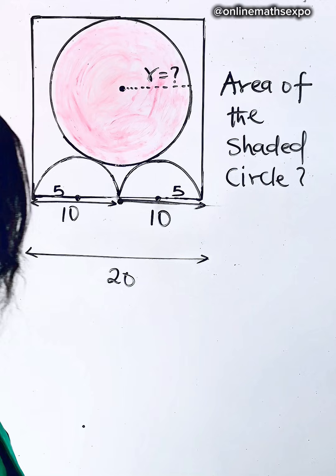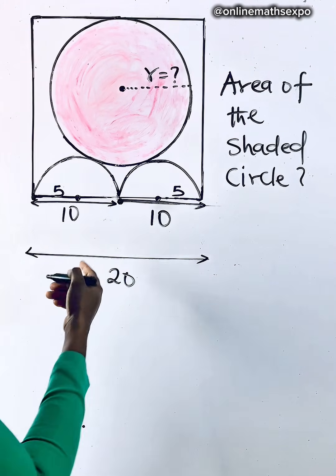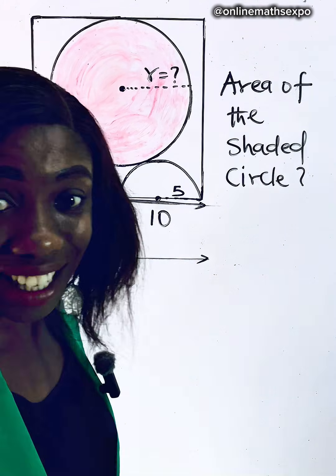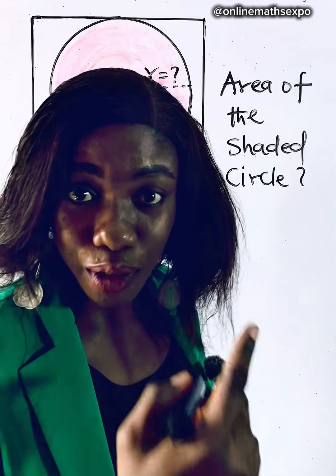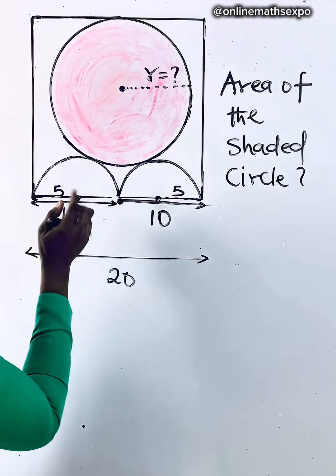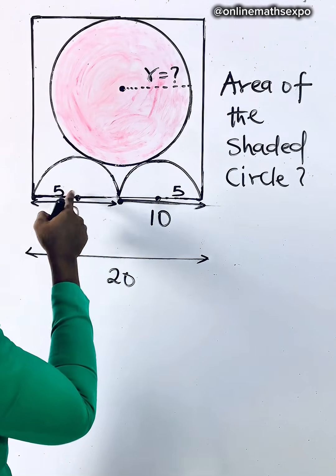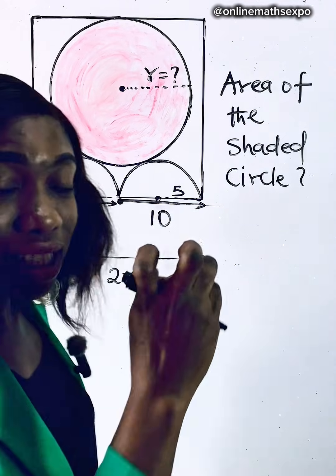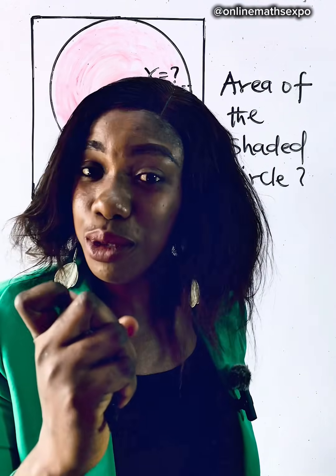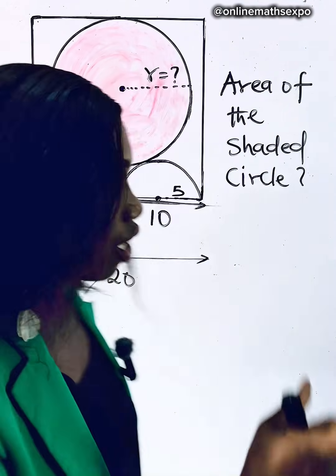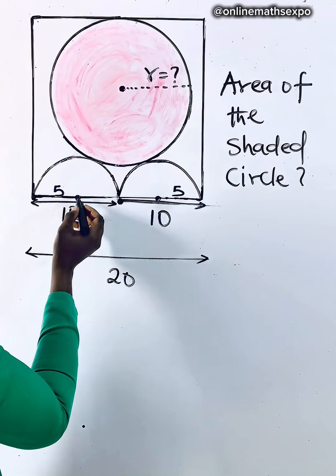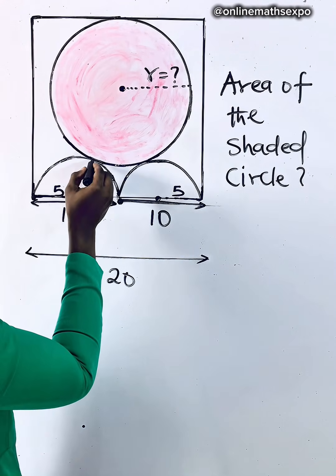Now, what do we do with this information? Remember, the radius runs from the center touching the circumference of the circle. So using this, we can also extend this. Remember, when you see this question, you always target the touching point. That helps you to solve the question so easily. In that case, let's get a radius that will touch this touching point.